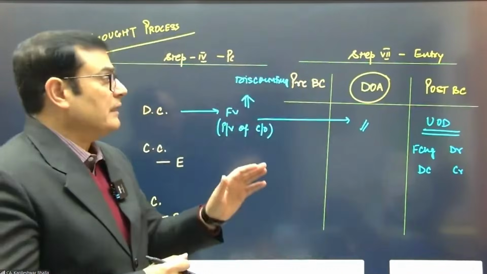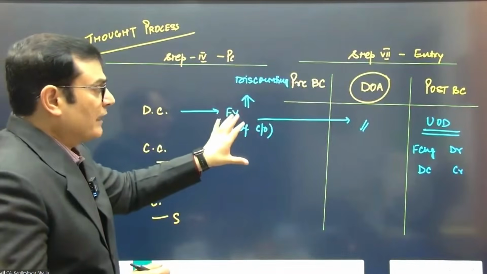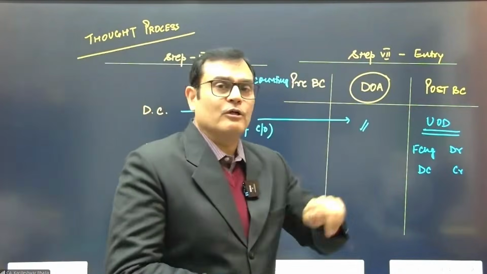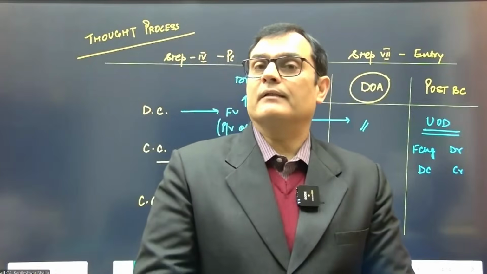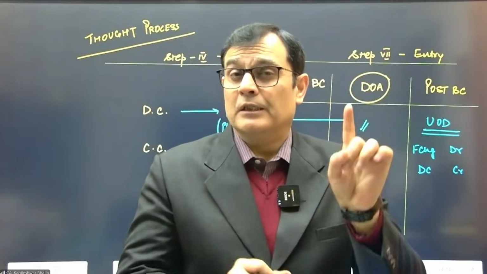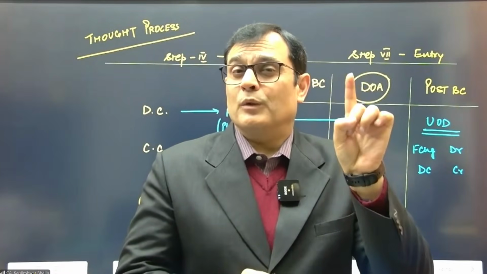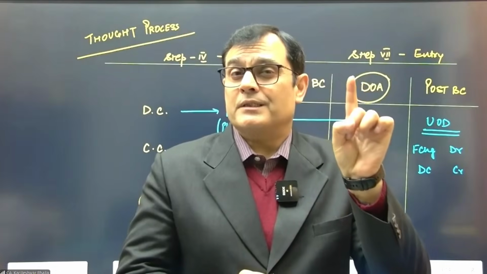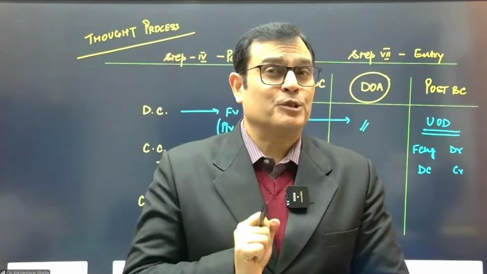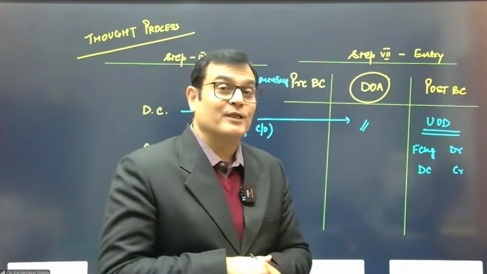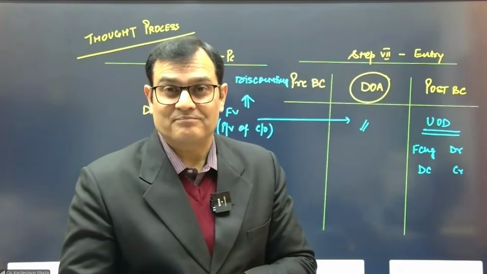So you also need to be clear that this present value will lead to unwinding of discount in the future. How the entries are done, we'll see all that. But you just need to keep in mind, today in step 3, when you take the present value, the discounting concept, tomorrow in step number 7, after the acquisition date, it'll lead to unwinding of discount as well.